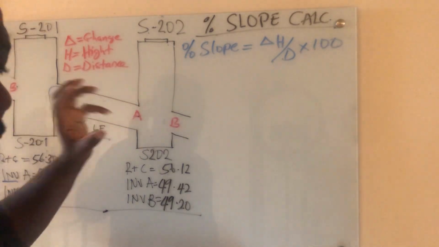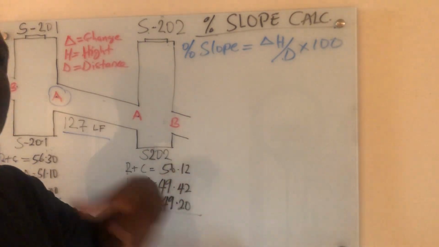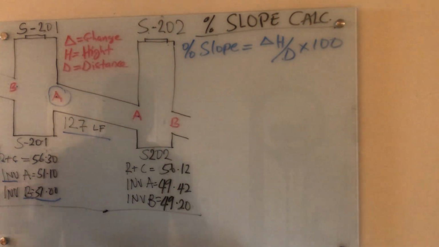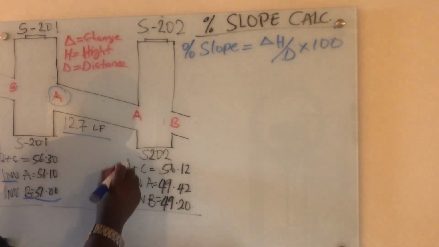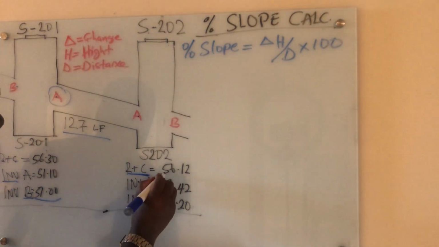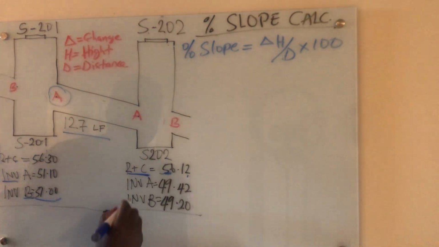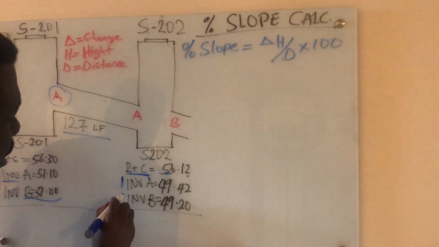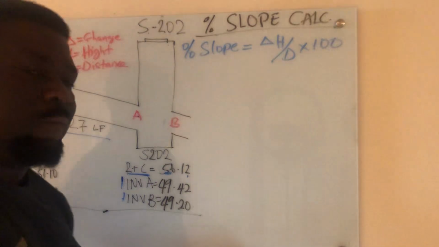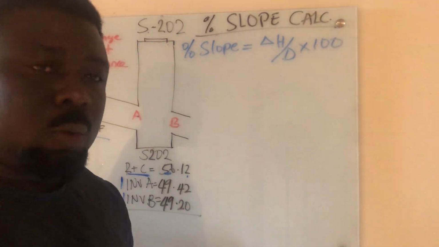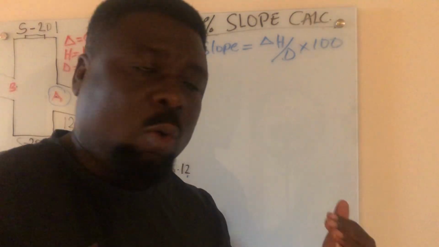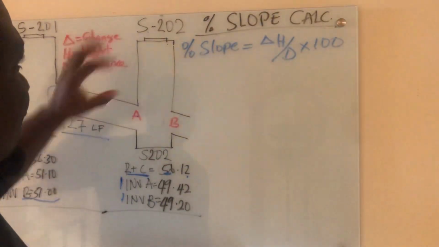This design again is a utility design that will be part of your structural drawings, all right? We're going to have the same rain cover for 202, that is 56.12, and then we have the invert A and B, which represent 49.42 and 49.20.